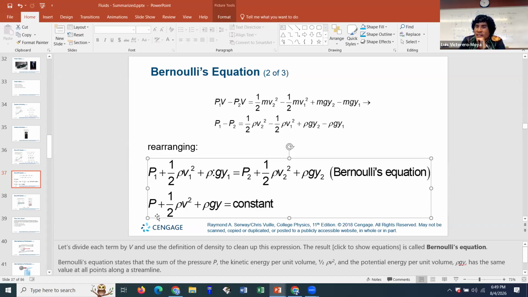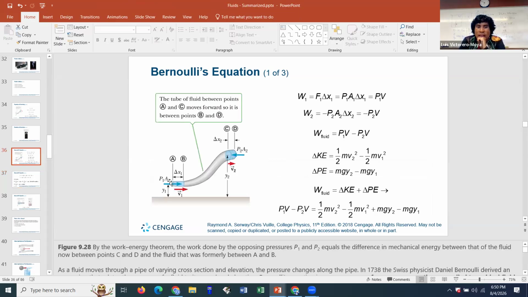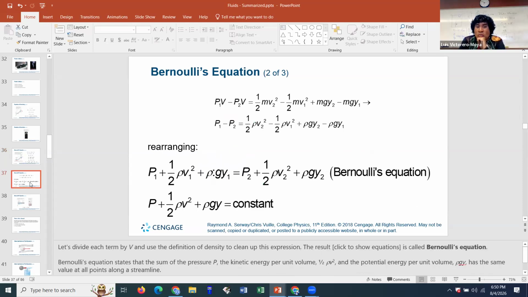This is constant. That's the Bernoulli principle, or Bernoulli equation. That's the equation for fluids. And by the way, there's a relationship between V1 and V2. What is it? A1 V1 equals A2 V2. That's the continuity equation. So you can use both the continuity equation and the Bernoulli equation to study the flow of fluids in pipes or in different situations.